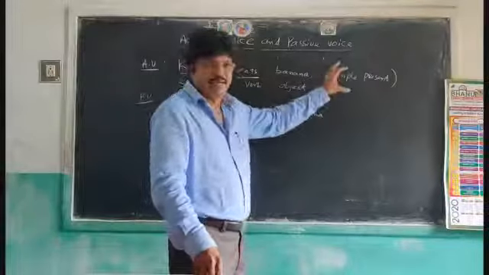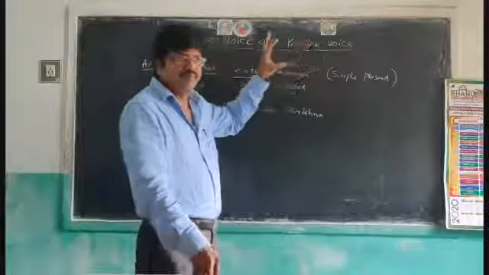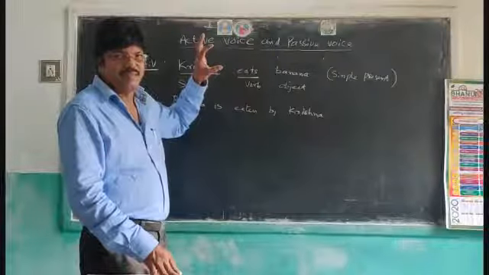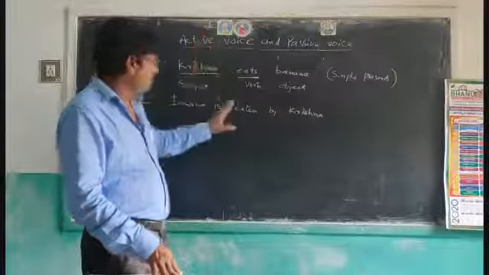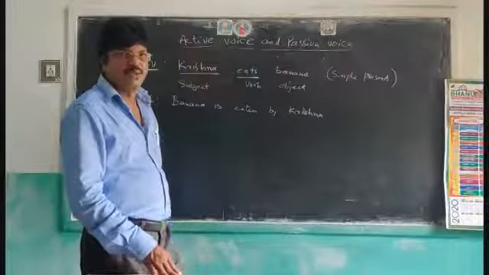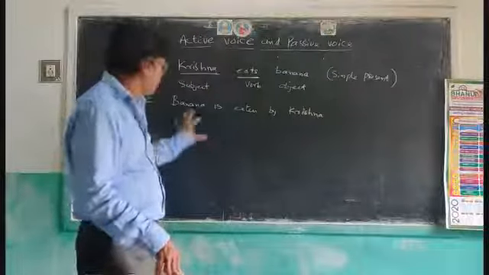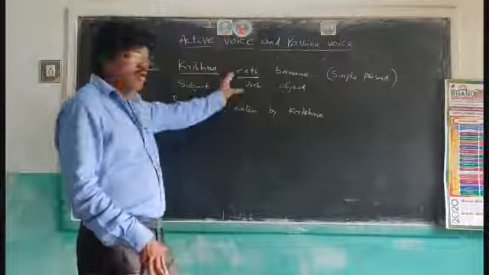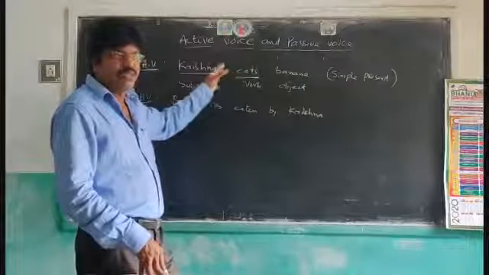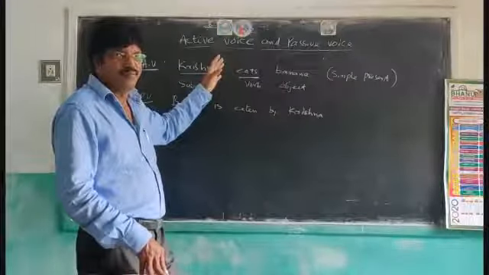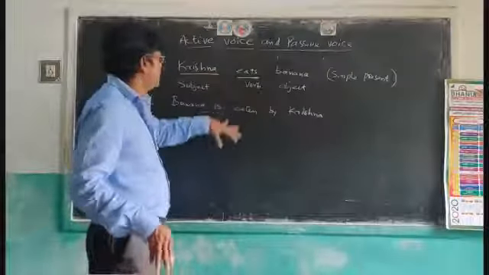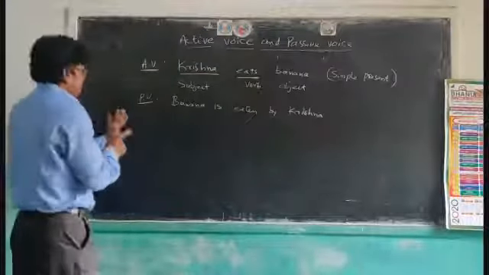In simple present tense we use the be form: am, is, are. If the subject is singular we use is. Here banana, we use is. Banana is. Always in passive voice use the verb V3 form, past participle form. Eaten by Krishna.